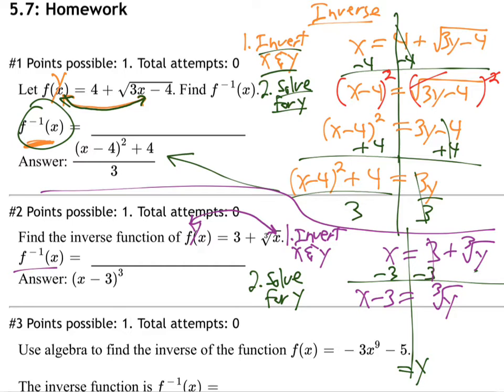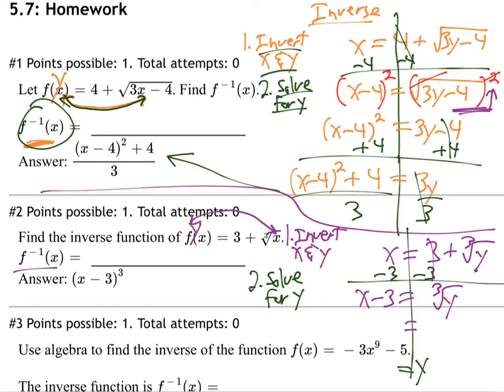Good to there. Now, how do we get rid of that cube root that's on y? What's the opposite of roots? Powers. Powers and roots are opposites of each other. Just like up here, we had a square root, and so the opposite of that was a 2 power. Now we have a third root, so the opposite of that will be a third power.